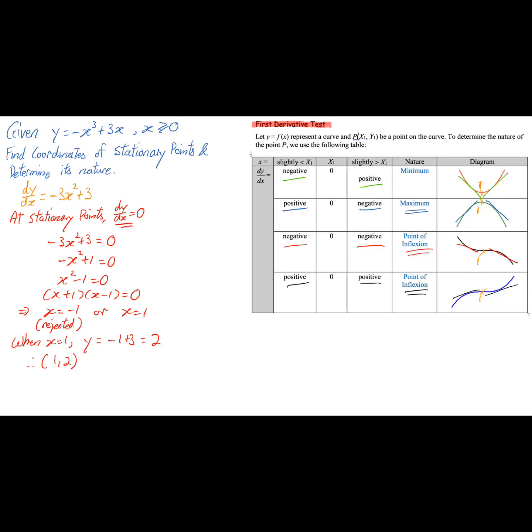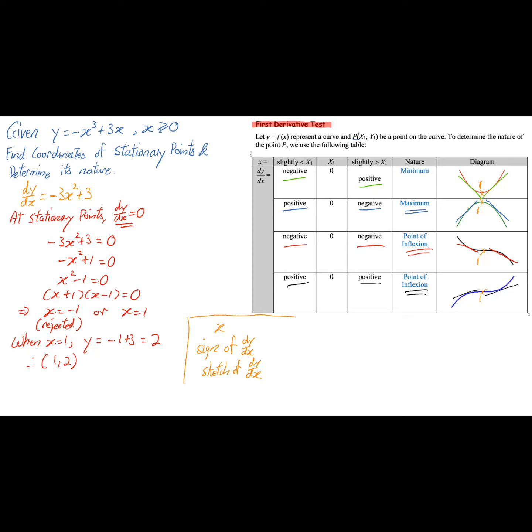So I will choose to create a table. We have the value of x, after which we have the sign of dy/dx. Then I can have a sketch of our dy/dx.